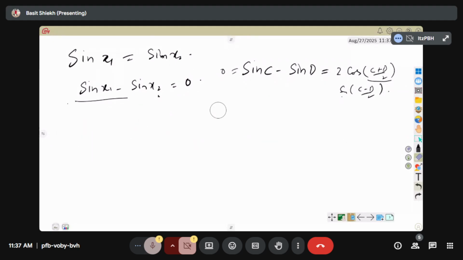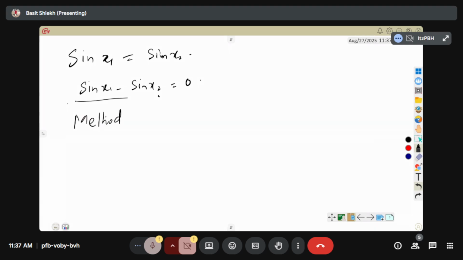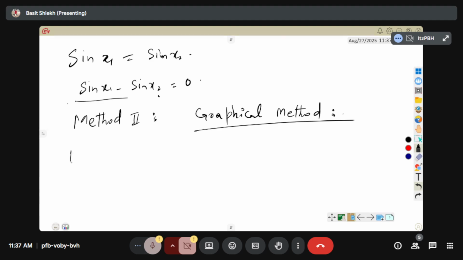Now we have two more methods. Second is method 2, the graphical method. The graphical method says draw the graph of the function.